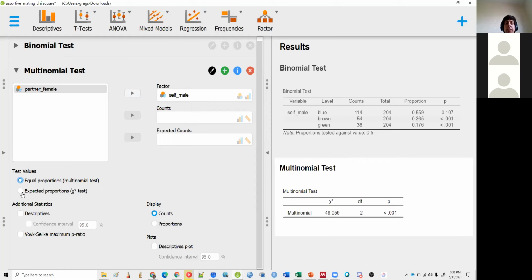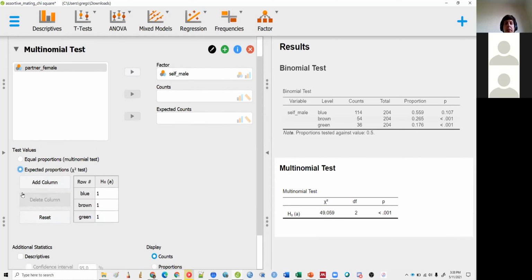But now, let's go to the expected proportions chi-square test. Technically, the multinomial test is also a chi-square test because it's producing a chi-square statistic. But this equal proportions multinomial test is equivalent to a chi-square test where you expect each of the values to occur at the same frequency as all of the others.